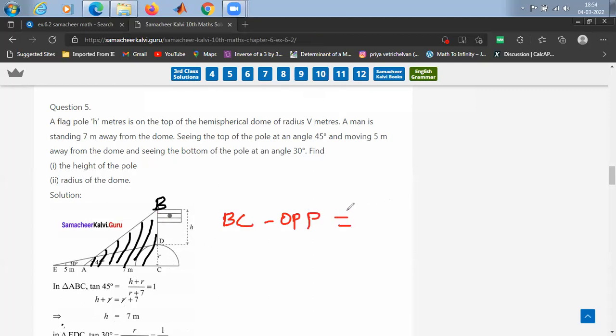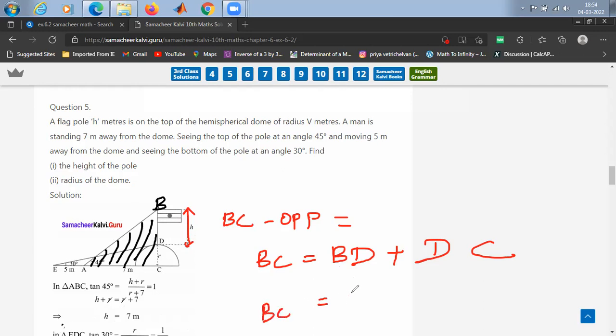BC can be written as BD plus DC, isn't it? And they are assuming BD as the height of the pole. So BC is equal to H plus, and DC is the radius of the dome. So BC is H plus R. So that is going to be your opposite side.